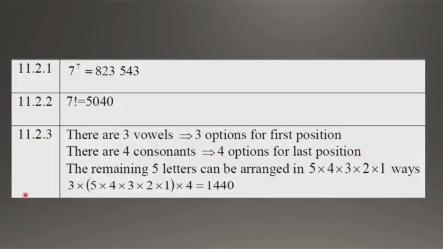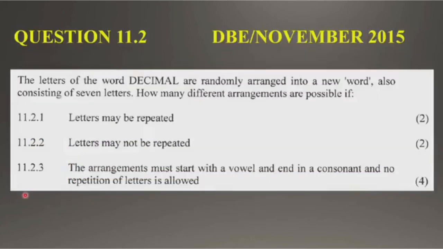Where do we get 3 vowels and 4 consonants from? Look at the word decimal again. The vowels are E, I, and A, so there's 3 of them. The consonants are D, C, M, and L. So this word has 3 vowels and 4 consonants.